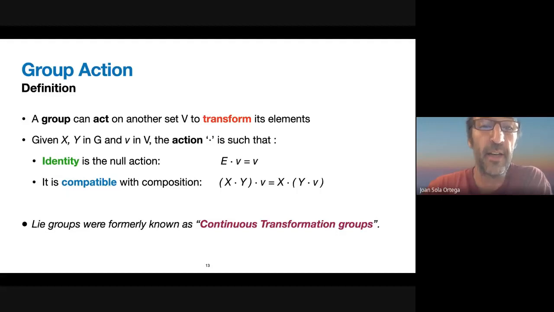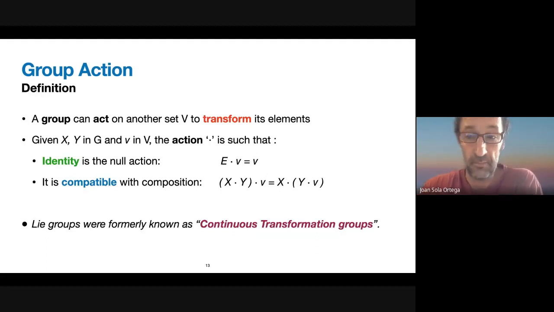And this operation is compatible with composition. So you can compose X and Y to act on V, or you can act on V first with Y and then with X, and the result must be the same. All right?